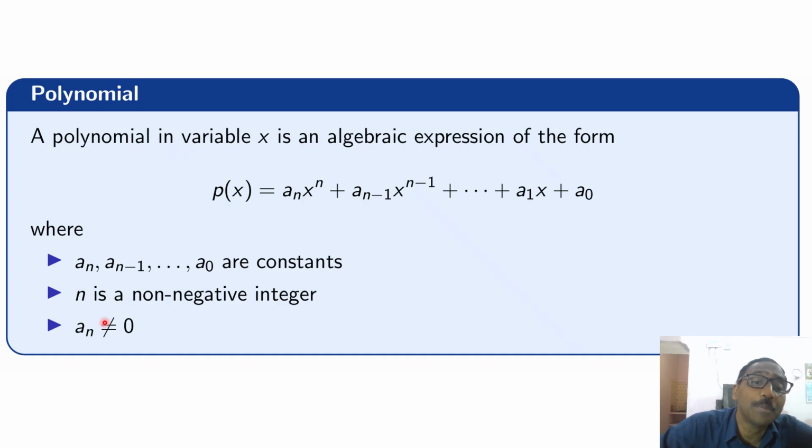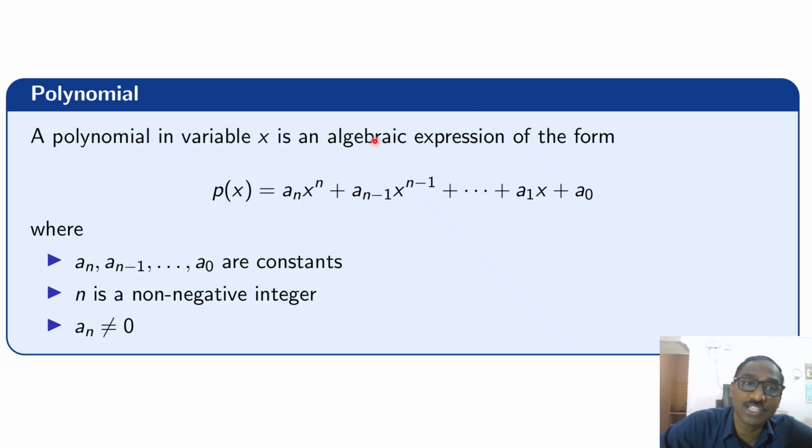An must be not equal to 0. So this x power n coefficient is an not equal to 0. Then only we say the highest power of x is n. So this is nth degree polynomial. We will go to the next slide.